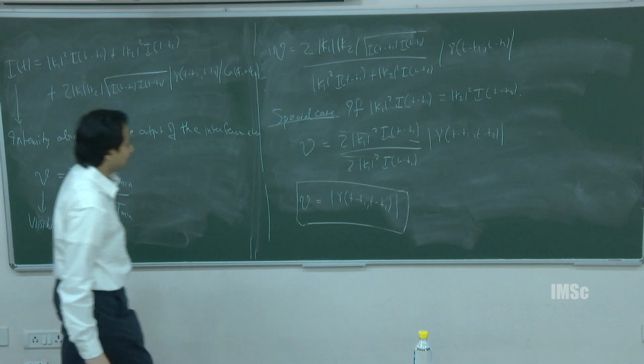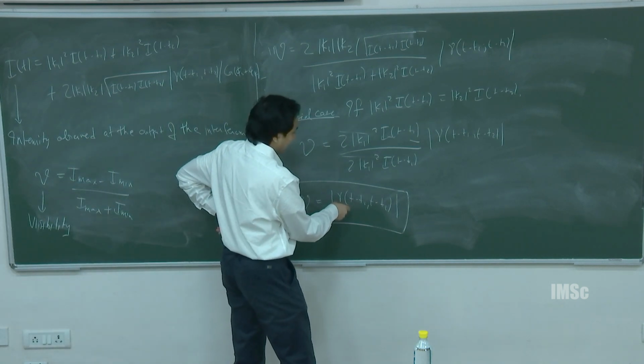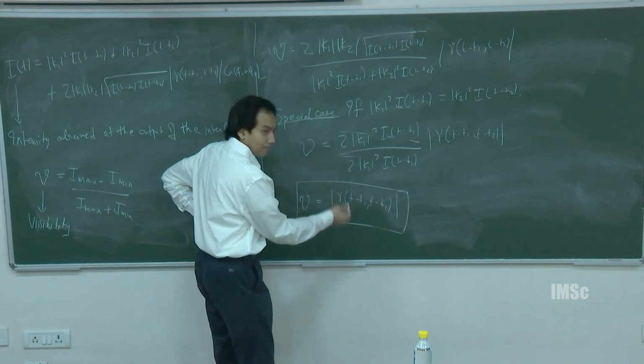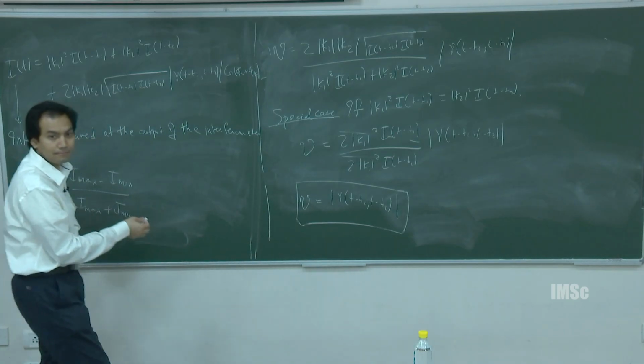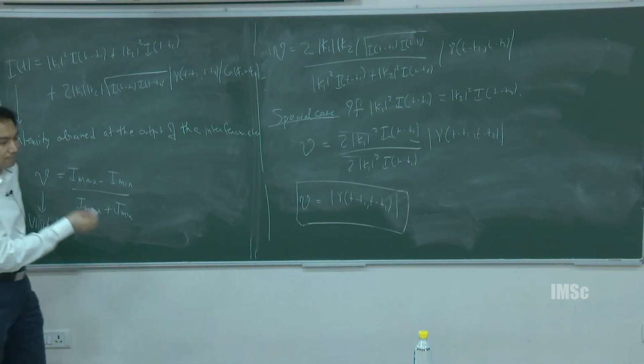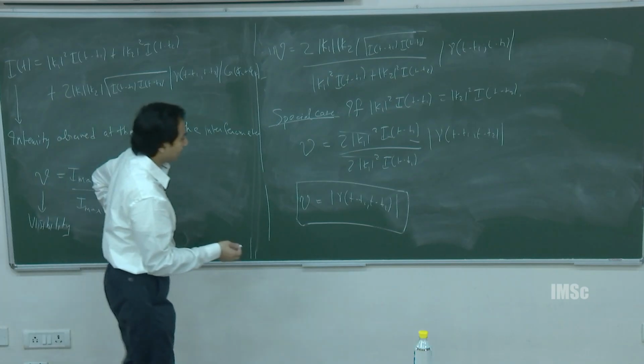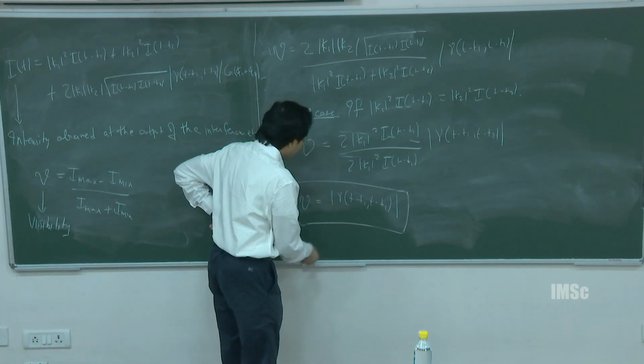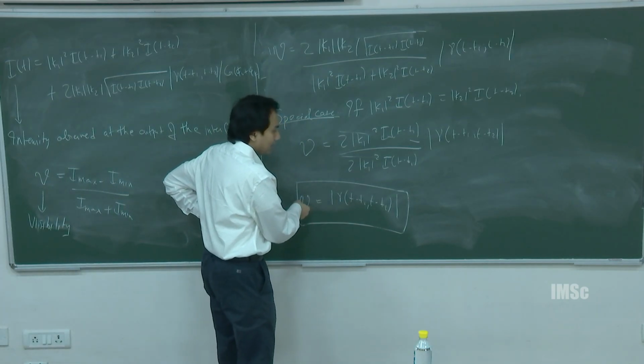and this tells us that in this case you can clearly see if mod gamma is 1, which means that there is perfect correlation between the fields at times t1 and t2, then the visibility is 1.